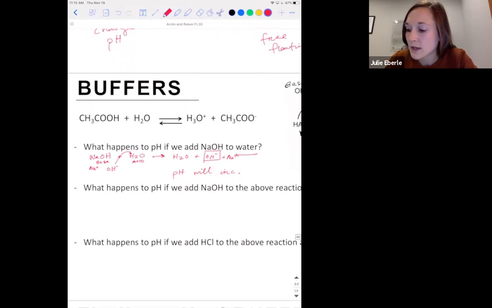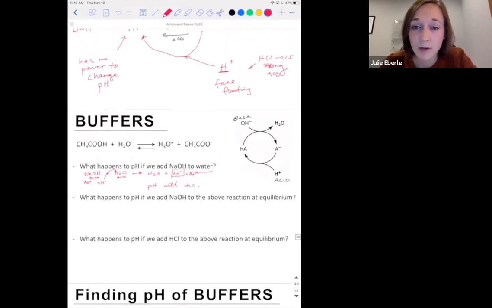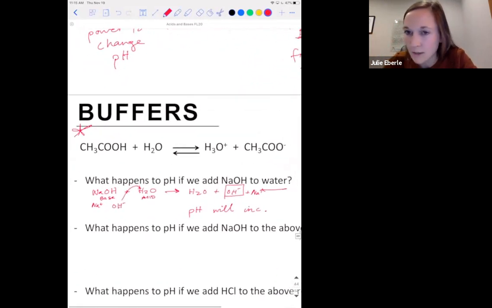Now, what happens to pH if we add NaOH to the above reaction at equilibrium? Meaning the above reaction is right up here, the acetic acid reaction. Look at acetic acid here. Which component of the acetic acid reaction or equilibrium would neutralize sodium hydroxide?